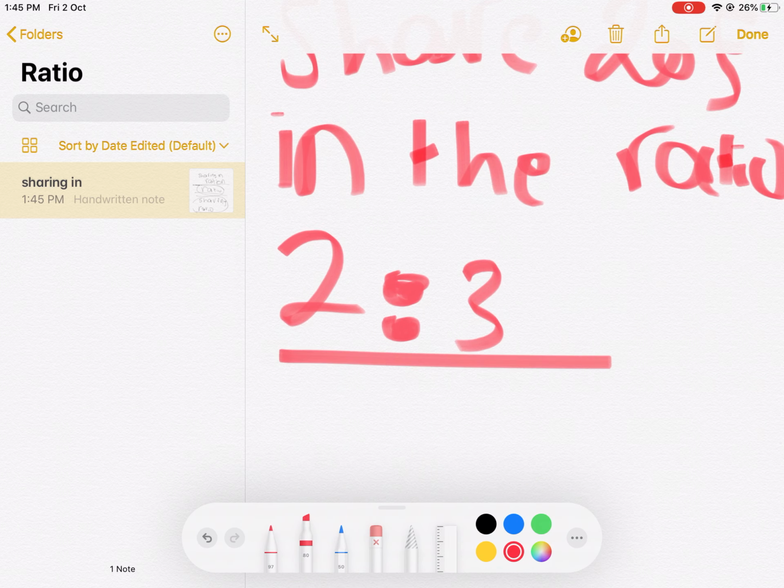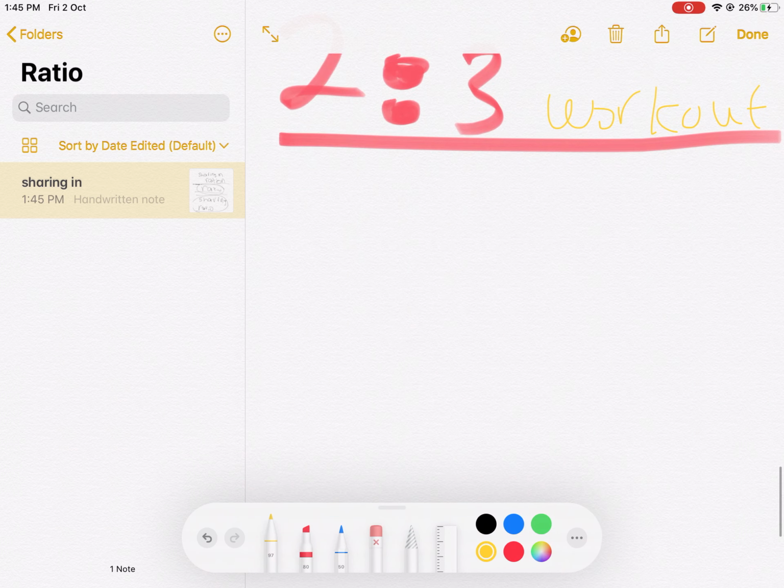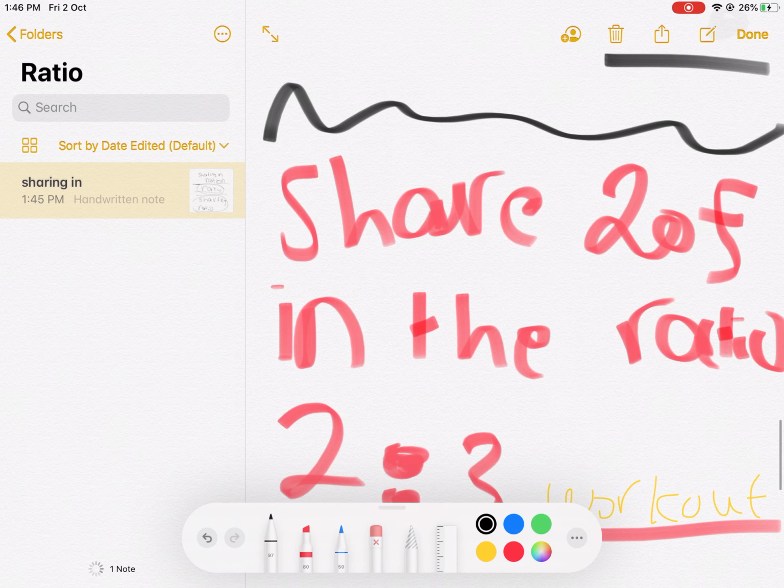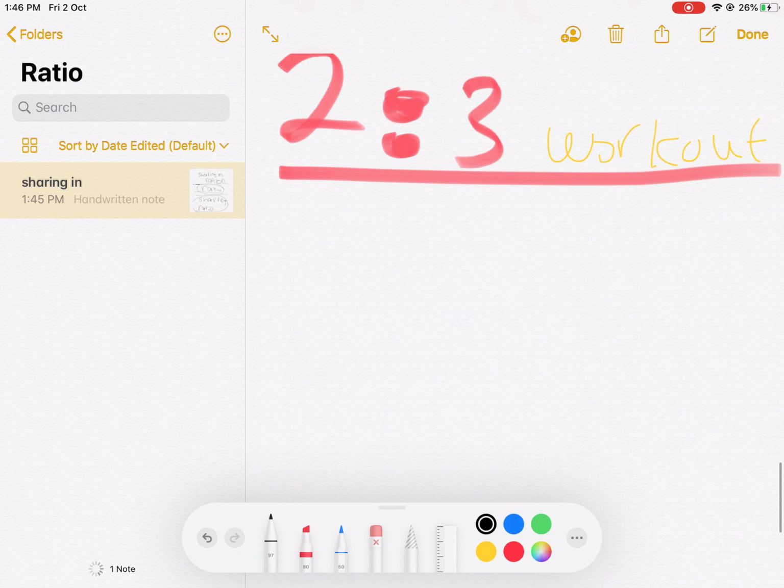Share means work out. So let's work it out. How do we work it out actually? So it says share $20 in the ratio to 3.